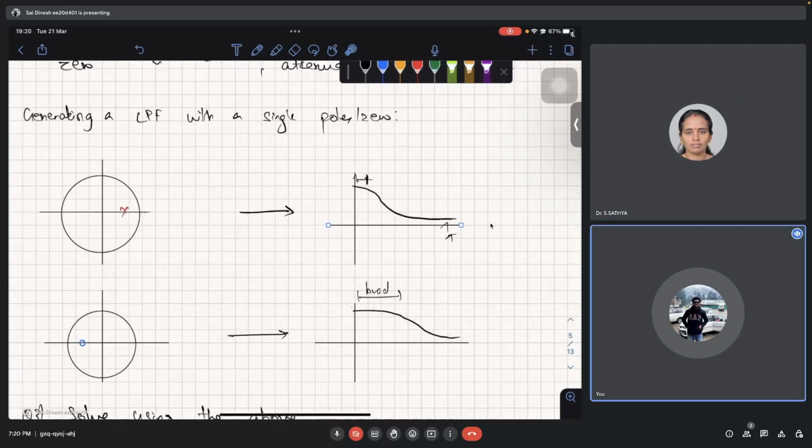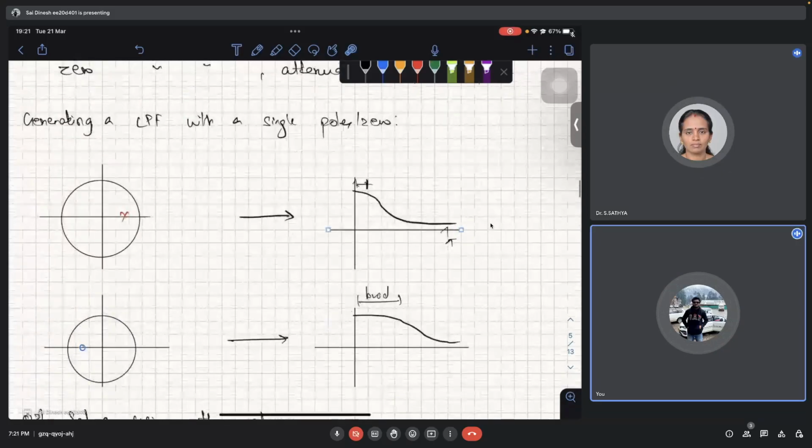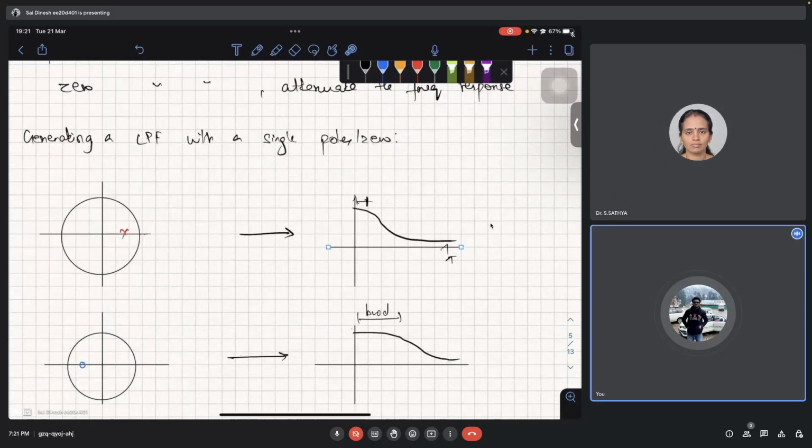Exactly. Why was the Z transform introduced in the first case, and how do poles and zeros come in? We know that if you put mod of z equal to 1, you get the DTFT.